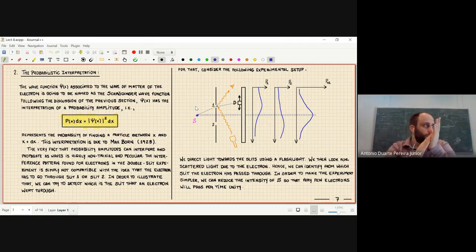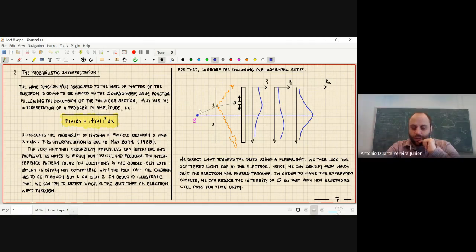So this attempt of making the effects of the measurement very small so that you don't change the system is very tricky at the microscopic level.